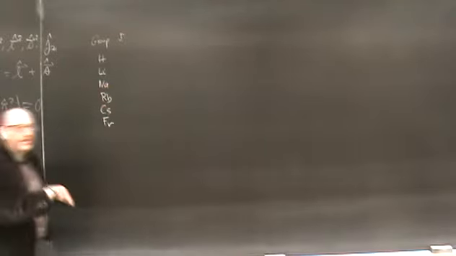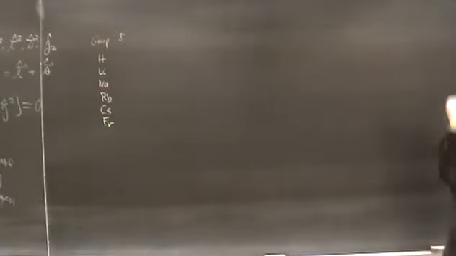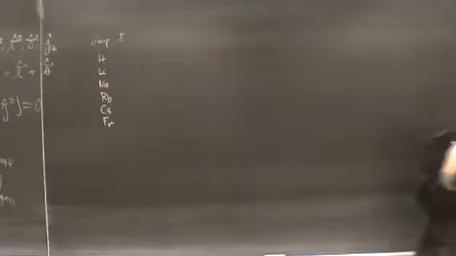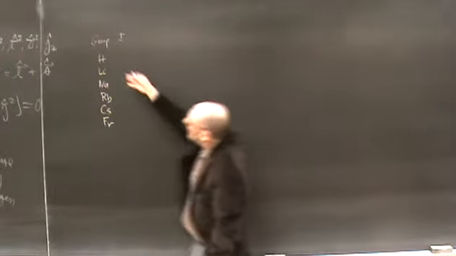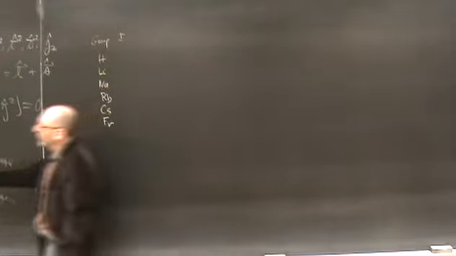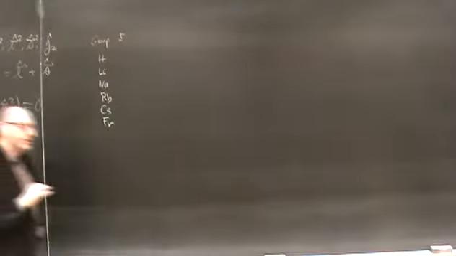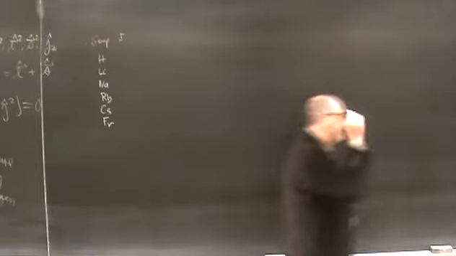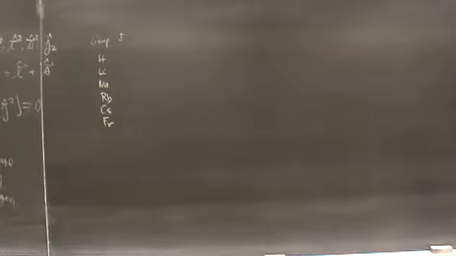All of these atoms have one electron in the valence shell, right? So their energy levels are similar to hydrogen, but not exactly the same in structure because of one thing that we looked at in one of your homework assignments, okay?